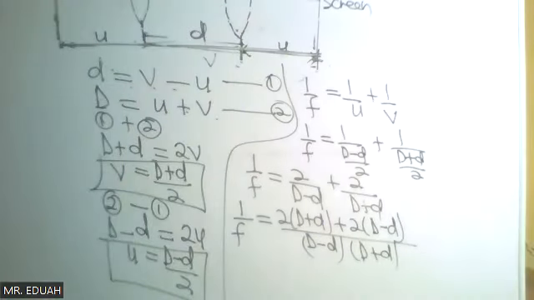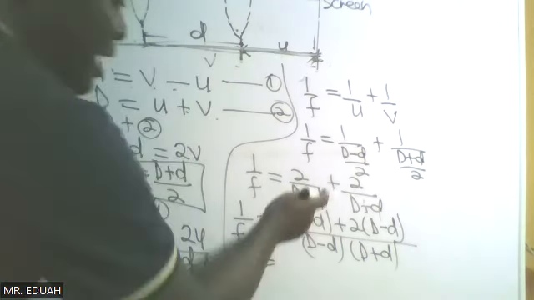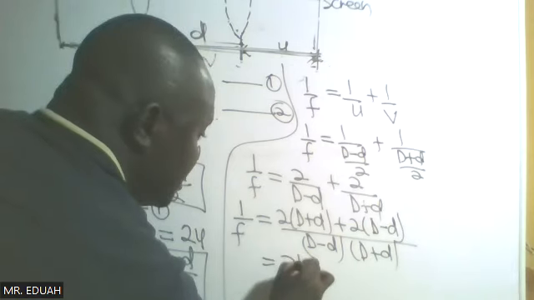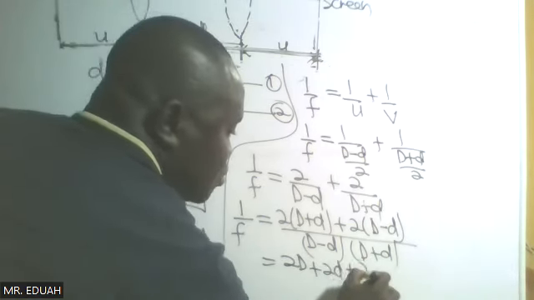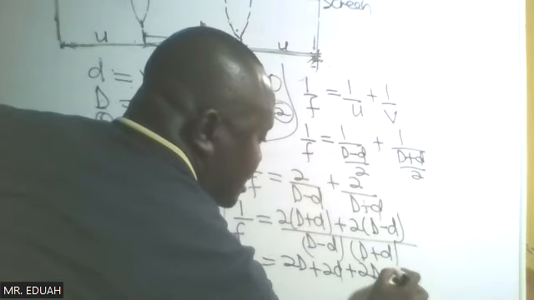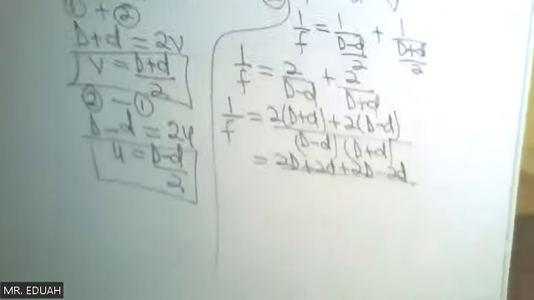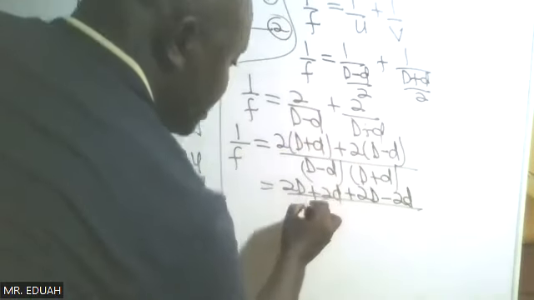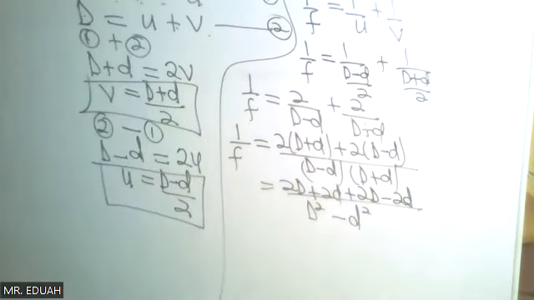We are through with the physics, we are doing math. So I simplify what I have: 2D plus 2 times small d plus 2D minus 2 times small d. Here, the denominator, I have a difference of two squares, so D squared minus small d squared.